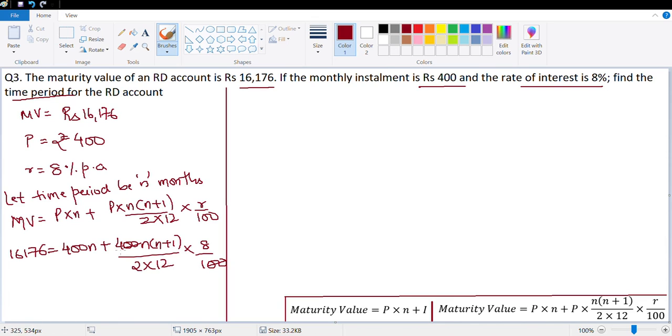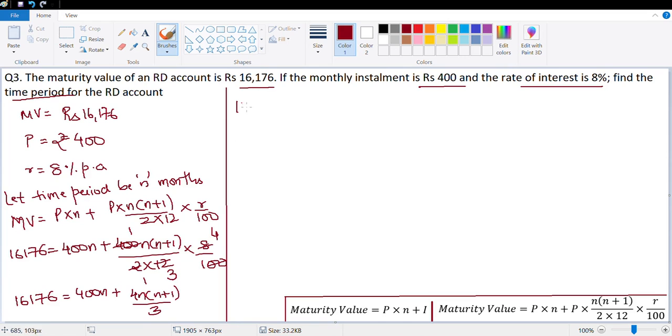This is 4 into 1. This is 4 into 3. This is 2 into 1. This is 2 into 4. So what I have here is 16,176 is equal to 400n plus 4n times n plus 1 upon 3. Yes, 4 in the numerator, 3 in the denominator. That's what we have left.